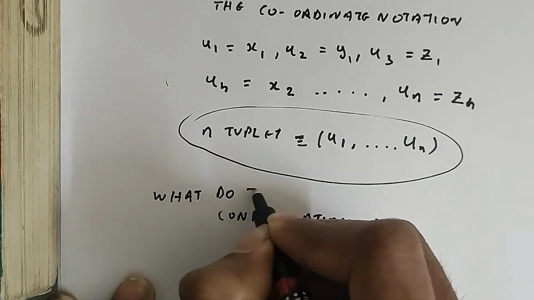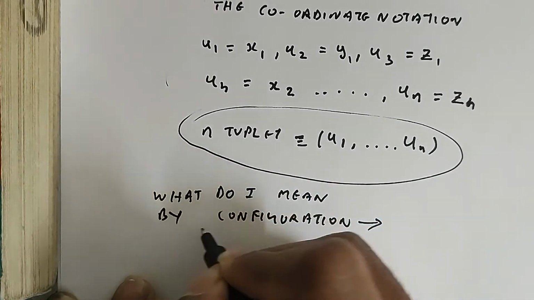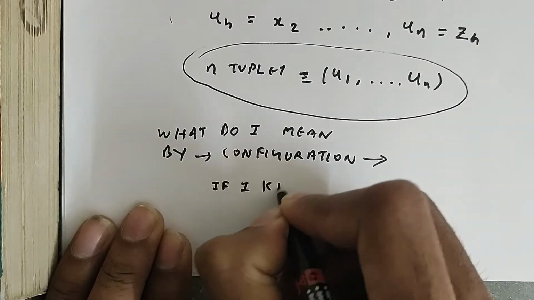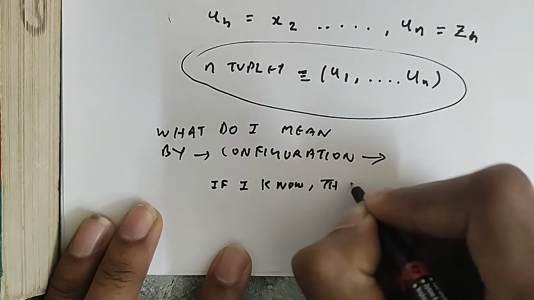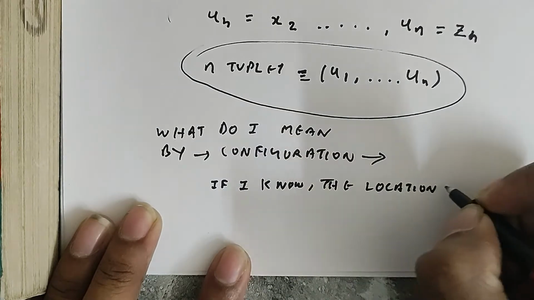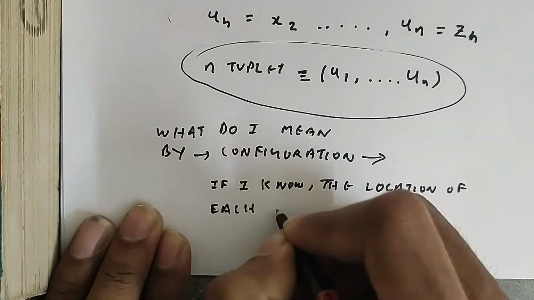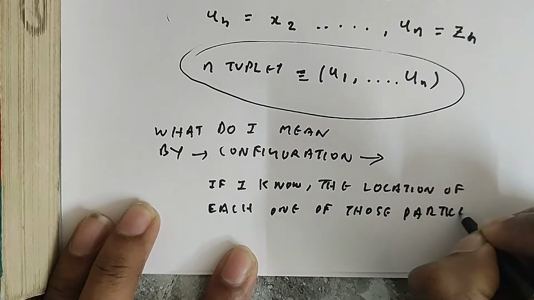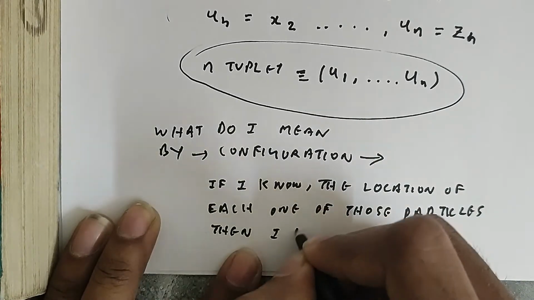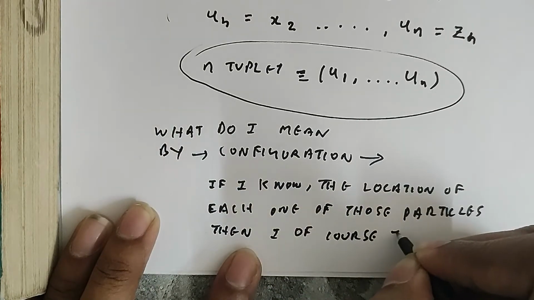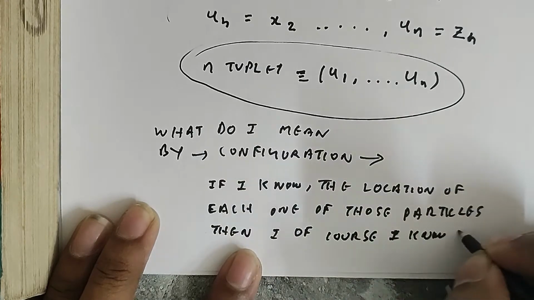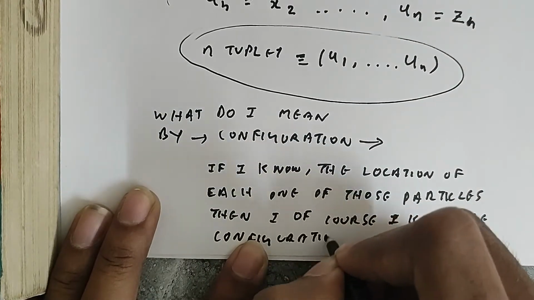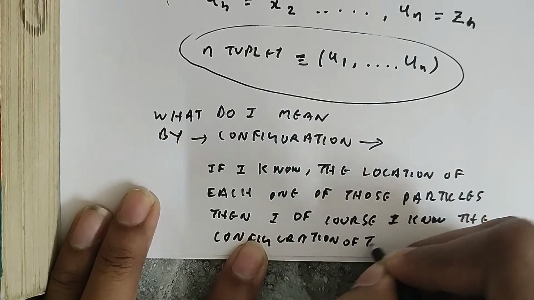If I know the location of each one of those particles, then of course I know the configuration of the system, right?